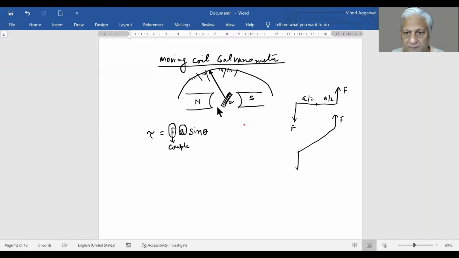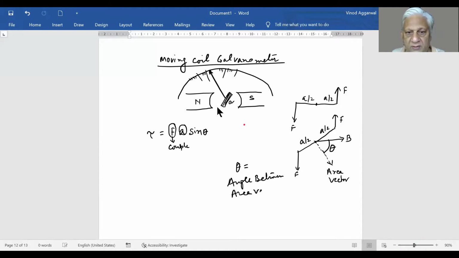This is still F, this is still F, this is A by 2, this is A by 2, and this is the area vector, the direction of the area vector. The area vector is perpendicular to the coil, and this is the direction of B. And this theta is the angle between the area vector and the magnetic field.